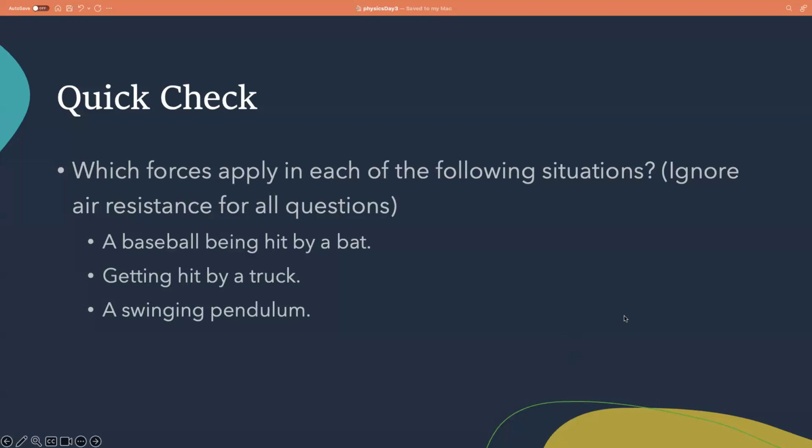Yeah, I get that you mean that there's gravity in all of them, but just try to think of all the forces in each situation. Don't just think of gravity and say this applies to all of them. Think of what's applying to the baseball in this situation, and then list all the forces on the baseball.